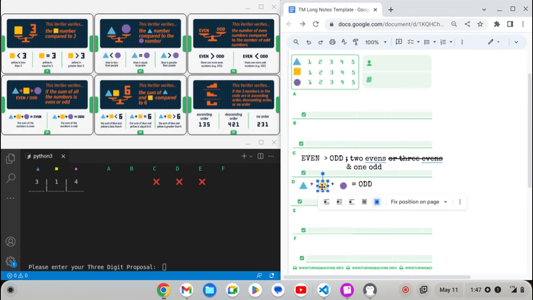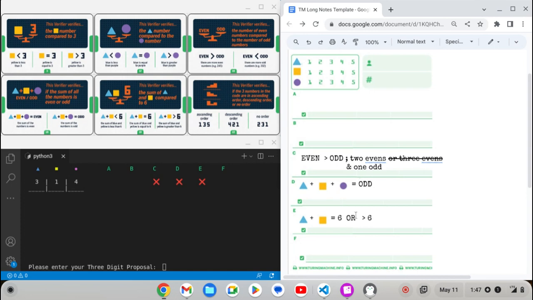So that was criteria E, and so I'm going to say that triangle, actually let's do this. Let's see, can I do two? No, I can't do two at a time. So I'll say triangle plus square is either equal to 6 or greater than 6.